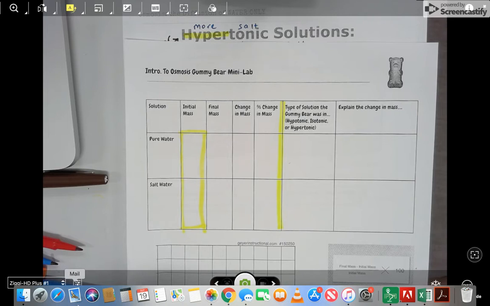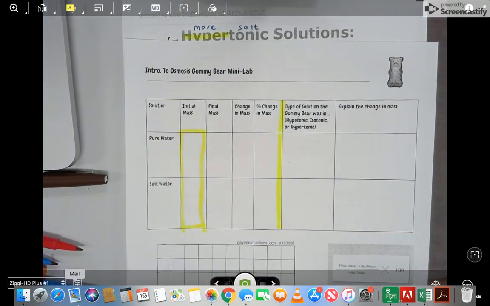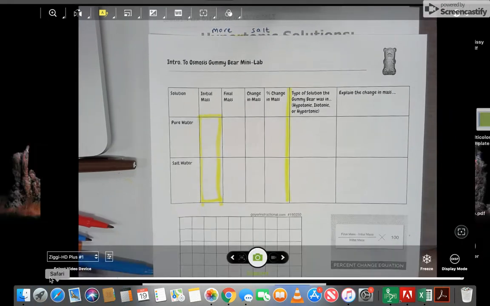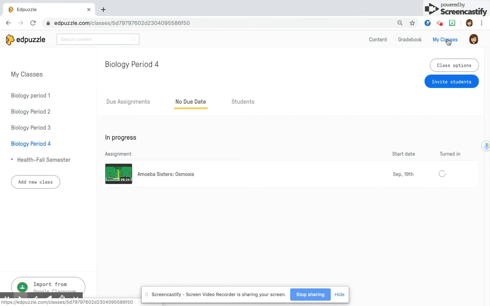When you are done with the math of the gummy bears and you've thrown away your cups and your gummy bear, just don't throw away the Weibo cup, then I want you to do the assignment on Edpuzzle, the Amoeba Sisters on Osmosis. So I will post on my Haiku your class code.